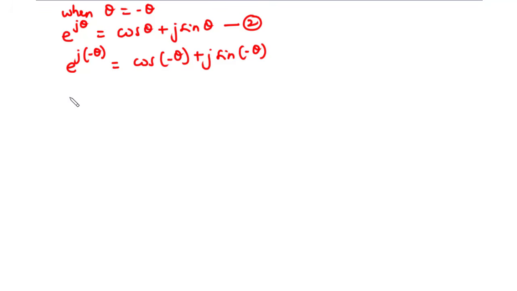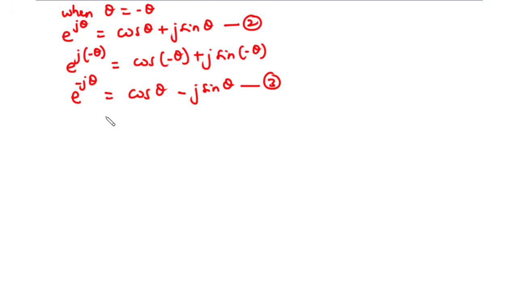Now let's simplify. So we have e exponent negative j theta equals, now cos is an even function, therefore cos negative theta is the same as cos theta. However, sine is an odd function, so sine negative theta is the same as negative sine theta. So we have negative j sine theta. So this is the equation you are going to use when theta is negative.